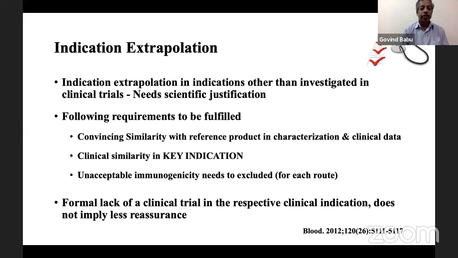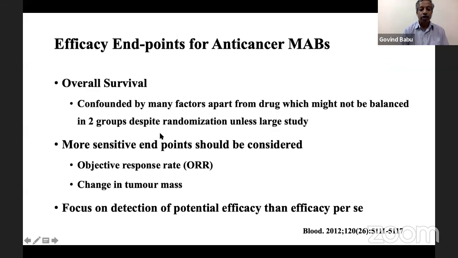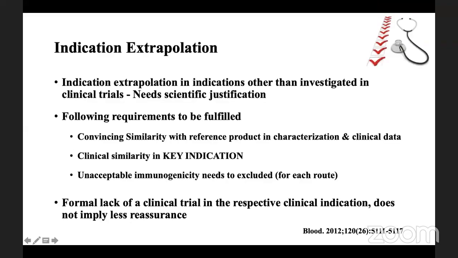Now, a word about indication extrapolation. For indications other than those investigated in clinical trials, scientific justification is needed, but the following requirements need to be fulfilled. That is, convincing similarity with the reference product, and the clinical similarity in a key indication.